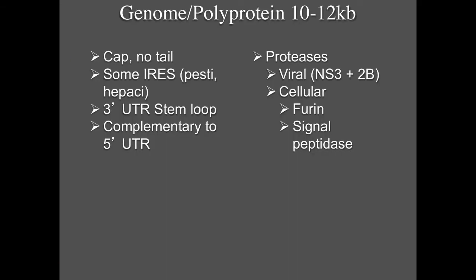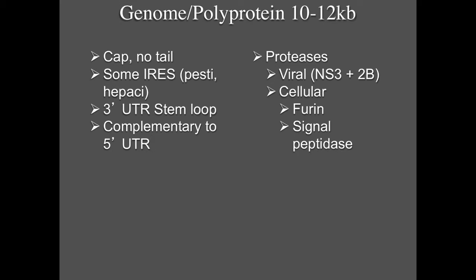Okay, but so once we're in the cell, then the virus has to go about the business of replicating itself. So you put the genome in the cell. As I said, this is a 10 to 11 kilobase single-stranded RNA. It has a cap, but no poly-A tail.